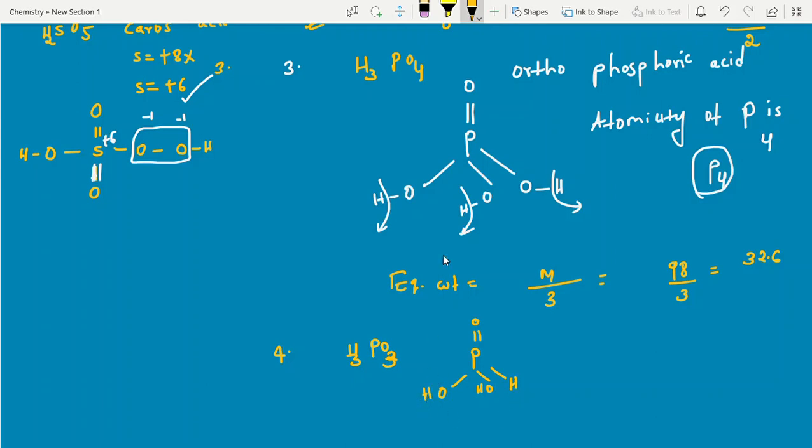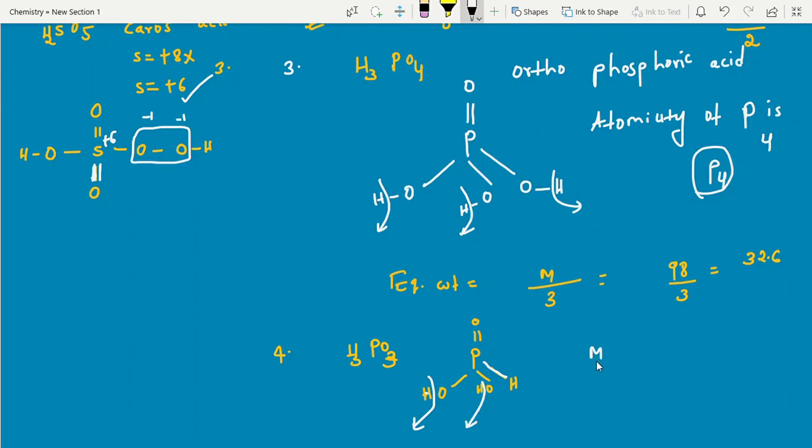Easily replaceable hydrogens are only these 2. Right or not? See, phosphorus is the central atom. 3 hydrogens, 1, 2, 3 I have written. Why have I written a direct bond here? Because we don't have sufficient oxygens here. The directly bonded hydrogen is not easily replaceable. Only these 2 are easily replaceable.